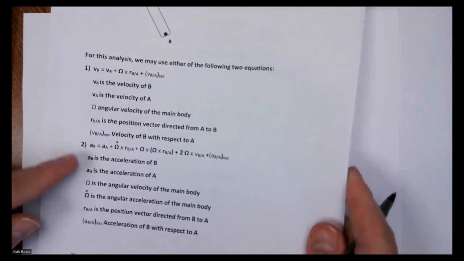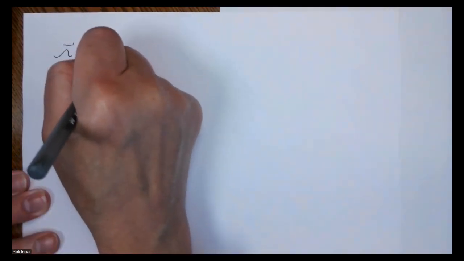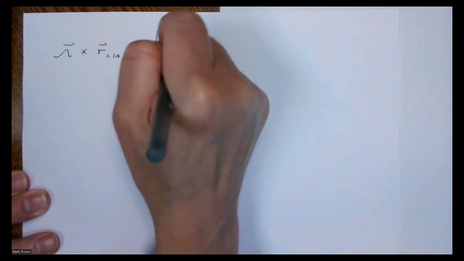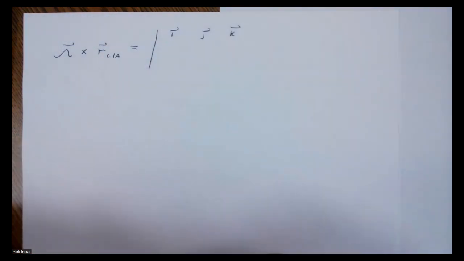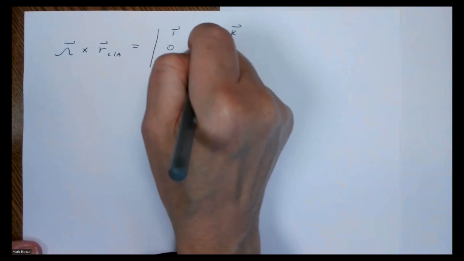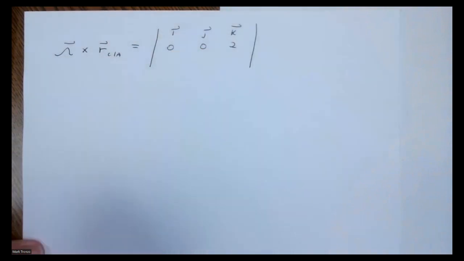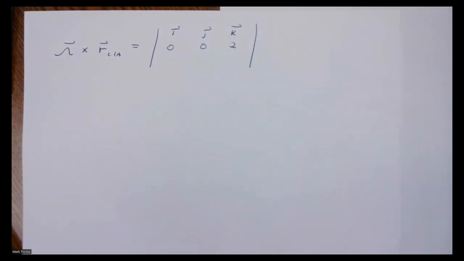Now, the only thing is, instead of B, in this case, we're calling the point we're interested in C. So every place where we have B, we're going to replace it with C. So we're going to have our omega cross RC with respect to A. I, J, K. And remember, our omega was 2K, and our RCA was 8.66 and 3.